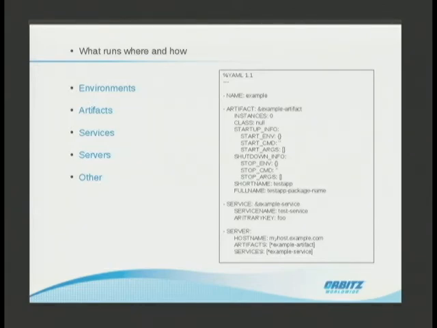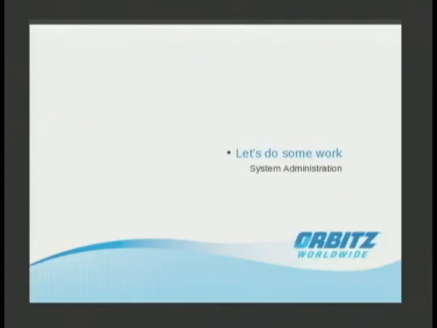Full name is mostly there if you want to write package management plugins so that you can say that this is a 64-bit version of this package and this is the name of the RPM. A service is just some arbitrary event that you want DroneD to run for you, and it has a name and you can put keys on it or whatever. So that's a quick overview of that.